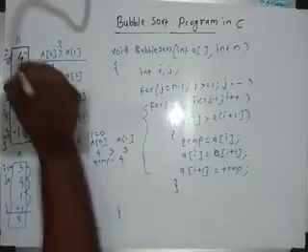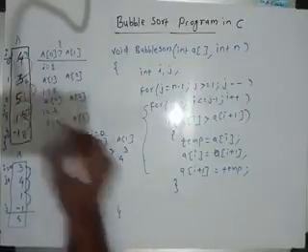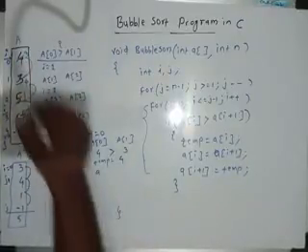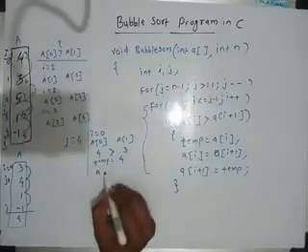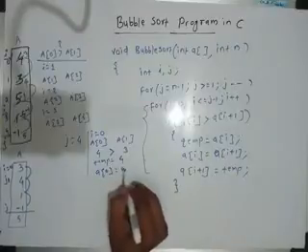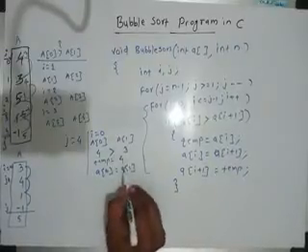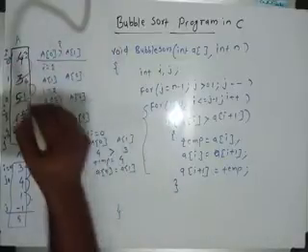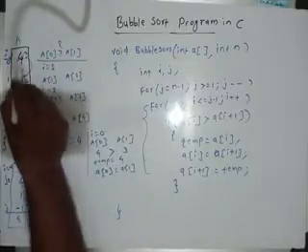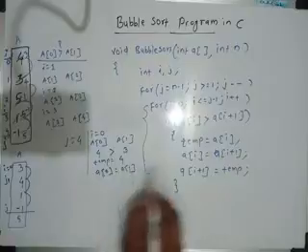Here we'll take temp equal to a of 0, that is temp equal to 4. We'll take this 4 in a temporary variable, and then I can copy this 3 to this place. So I'll have a of 0 equal to a of 1, and I get this 3 copied here. Now I have to copy 4 here, but this 4 is not here, it's available in temp.